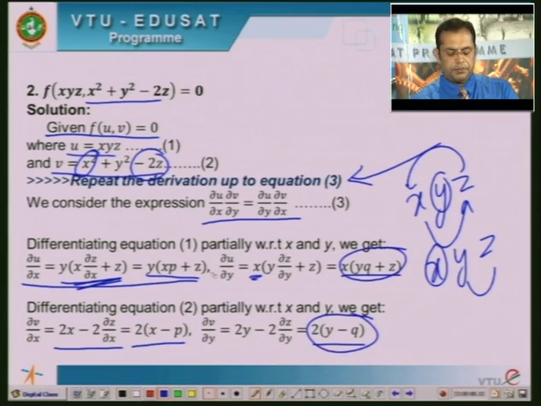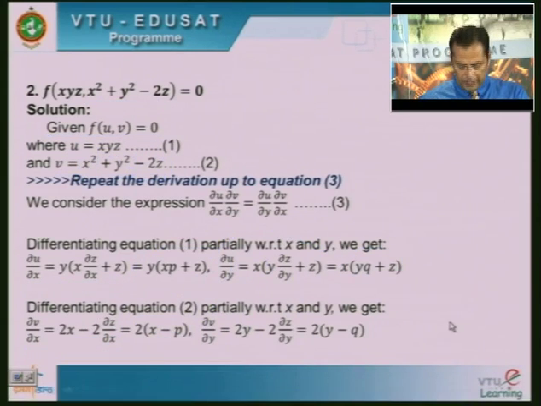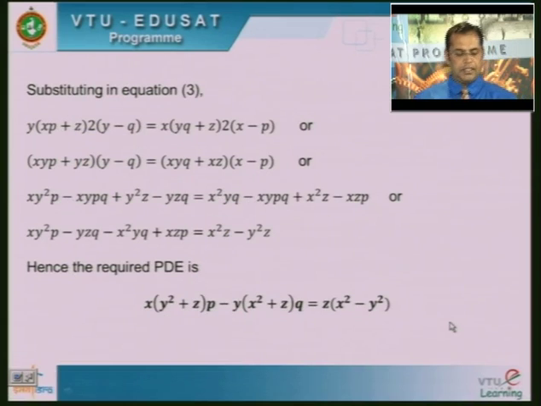Again, we will take these 4 expressions and substitute in equation 3 and simplify for the required PDE. So, that is shown in the next slide. Substituting in equation 3, we get dou u by dou x into dou v by dou y equal to dou u by dou y into dou v by dou x.